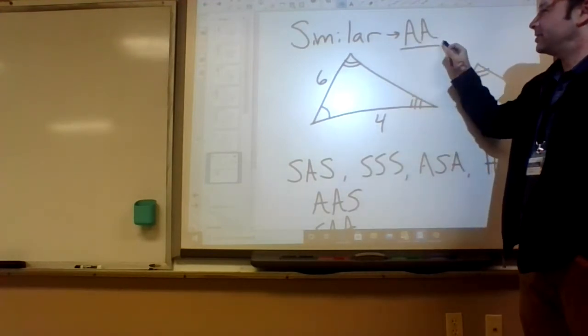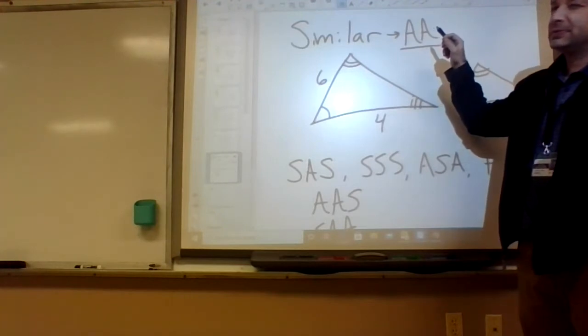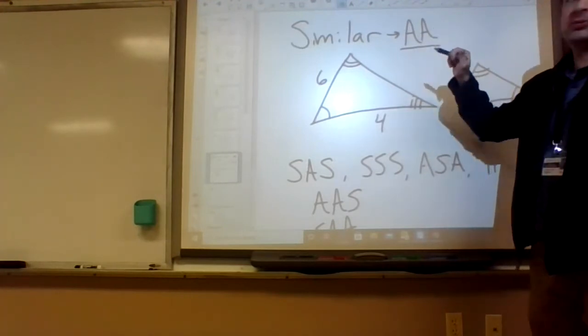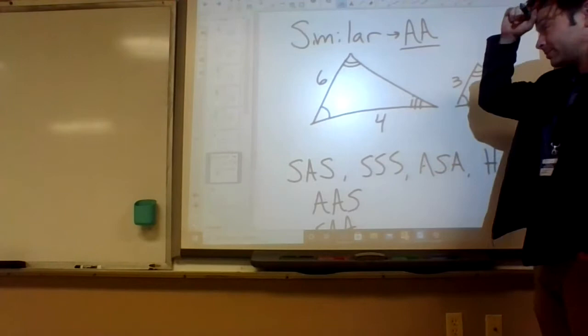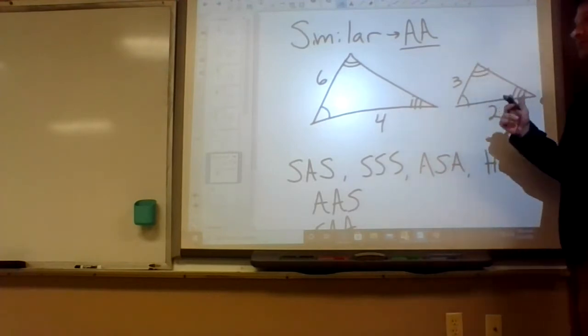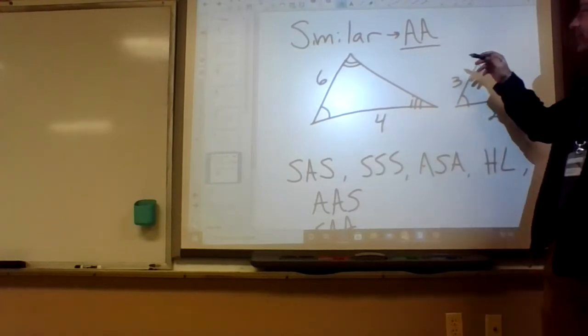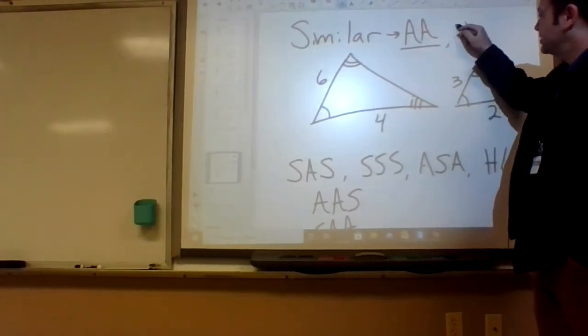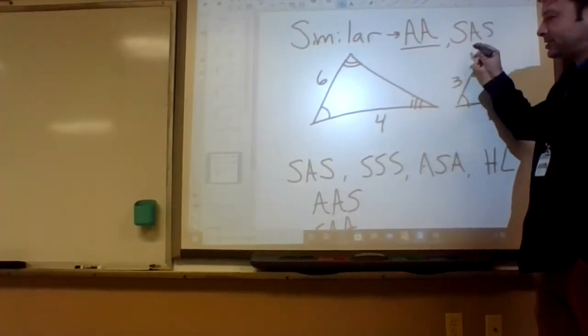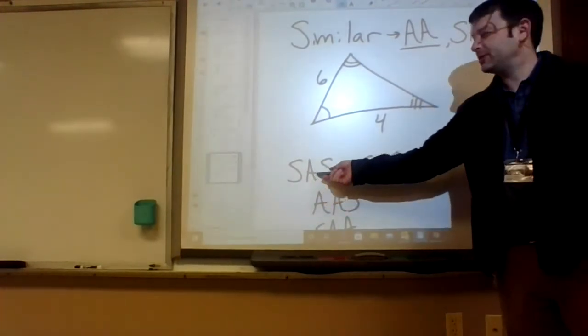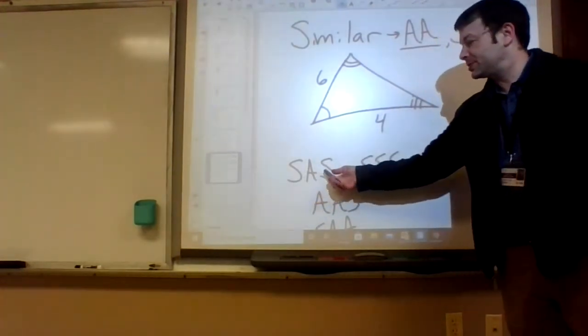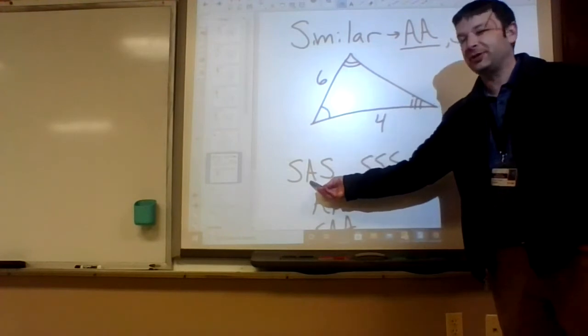We're going to do a few proofs this chapter. This is usually the way we're going to prove triangles are similar. And another way is side angle side. But this does not mean the same thing as the congruence one does. That one is to prove the sides are congruent and the angle between them is congruent.